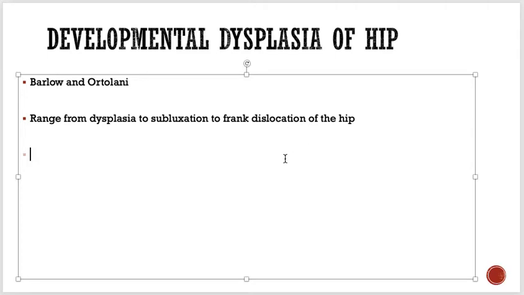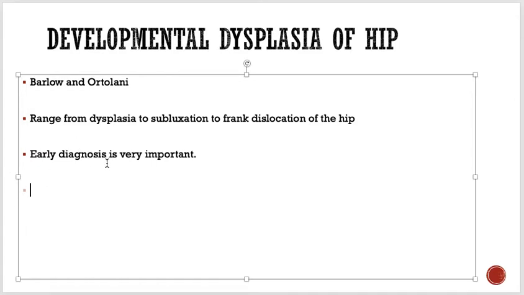Now, why is this important? Or why do we do this Ortolani and Barlow maneuver right after birth? Because early diagnosis, or early detection, is very important in this one. Why? Because if we detect this too early, we can do some conservative treatment and we can get good results.